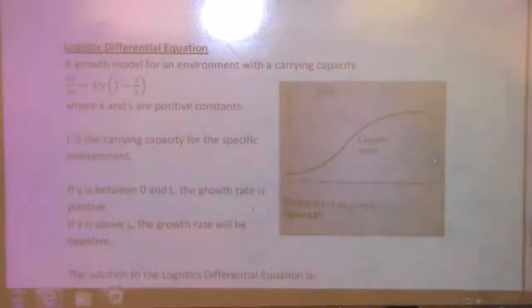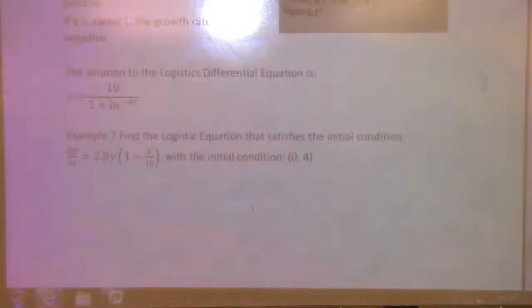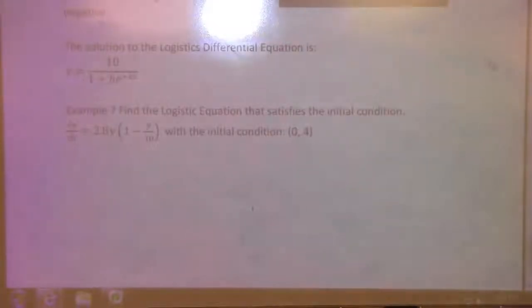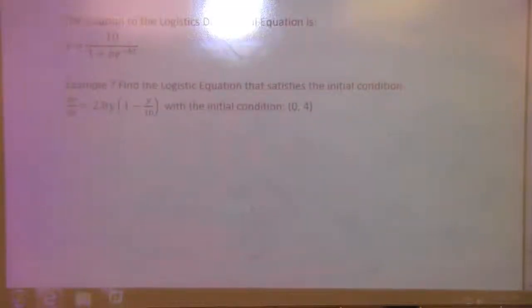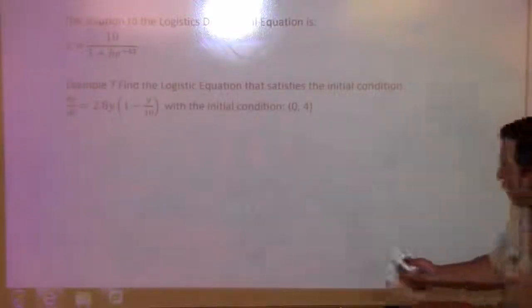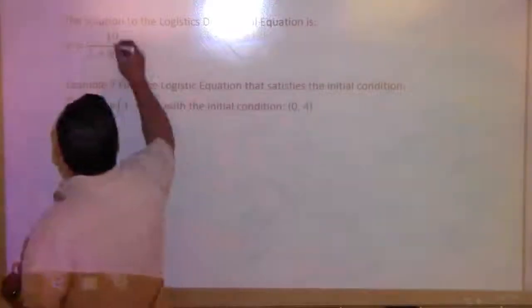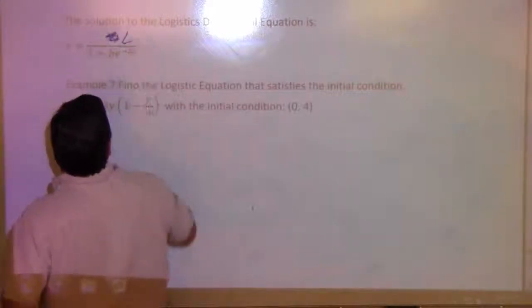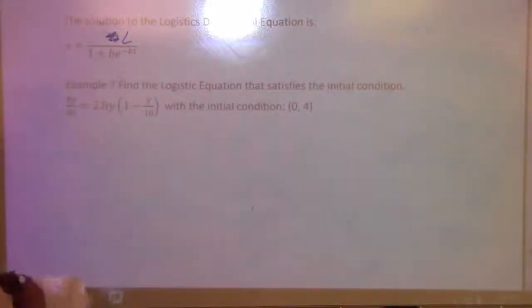The solution to the logistic equation is y equals L over 1 plus b e to the negative kt.